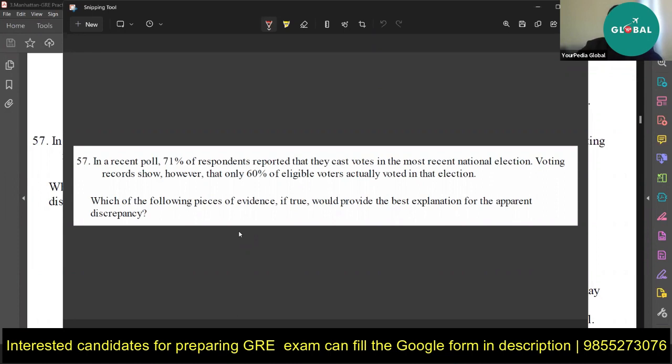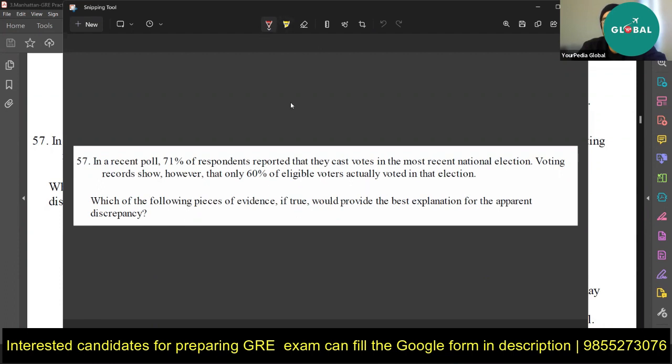Okay, so what he's saying: in a recent poll, 71% of respondents reported that they cast votes in the most recent national election. Voting records show, however, that only 60% of eligible voters actually voted in that election. Which of the following pieces of evidence, if true, would provide the best explanation for the apparent discrepancy?